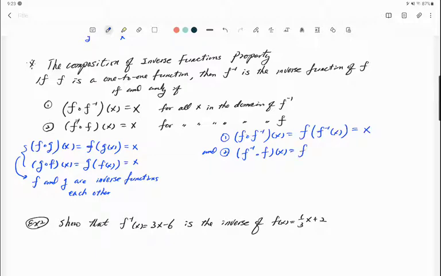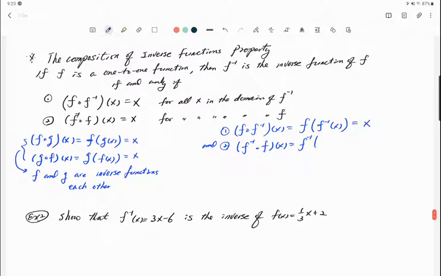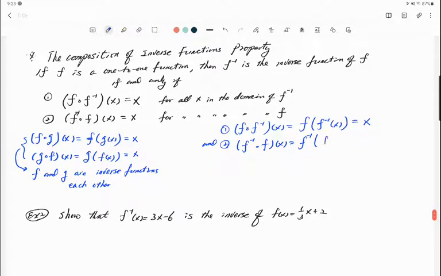So there's the inverse function f inverse, and that input will be f of x. Then the result is x. So if both results are x, then f and f inverse are inverse functions of each other. That's the definition. It's a really simple definition.